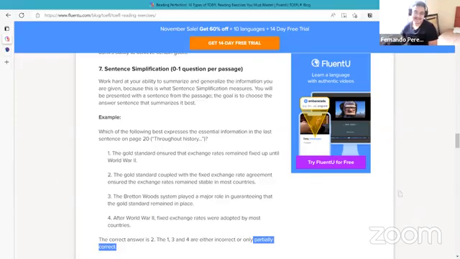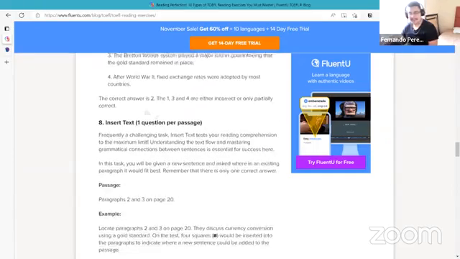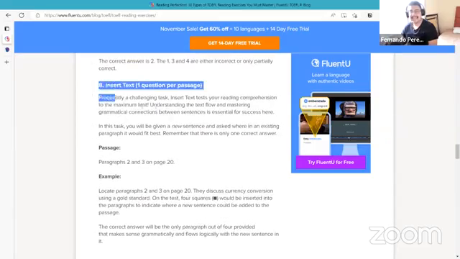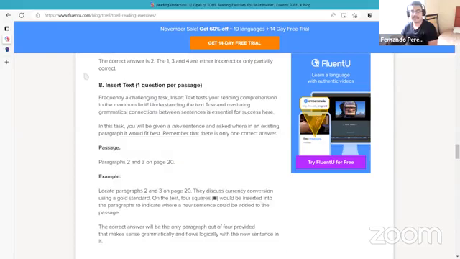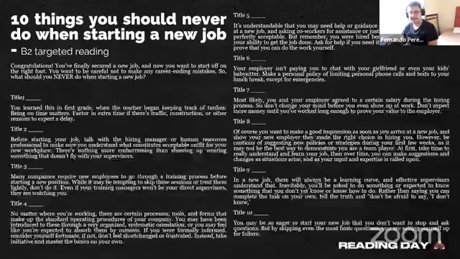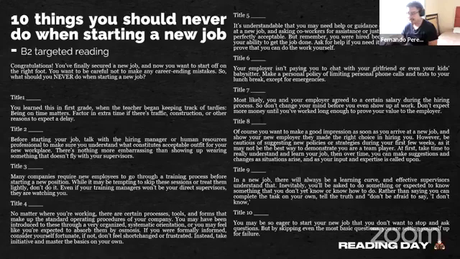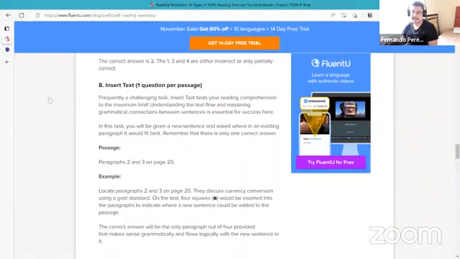Okay. Sentence simplification. Number 8, insert text. And this is a question that corresponds to the exercise that we did on Friday. Introducing text in the correct position. Titles match as well.